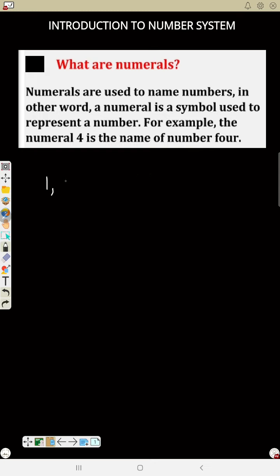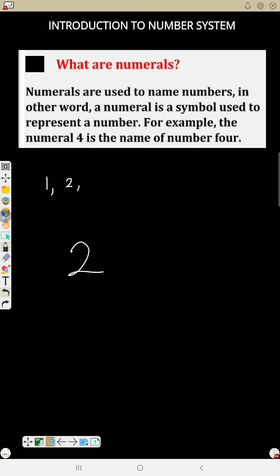If I write 2, it is a numeral, a symbol that we use to represent the number 2, and so on. So our counting numbers are numerals. They are just symbols. You can choose another thing to represent number 2, but we choose this symbol to represent number 2.